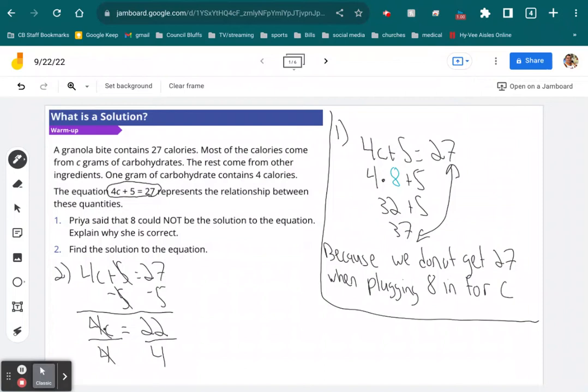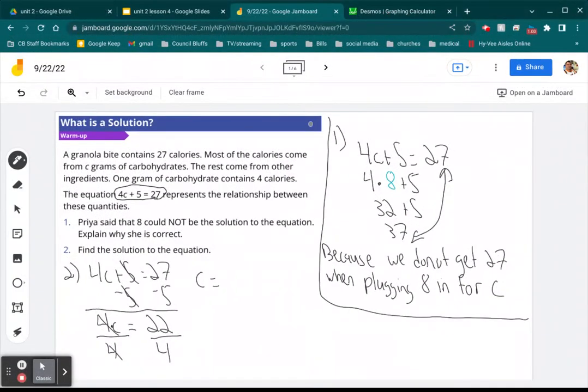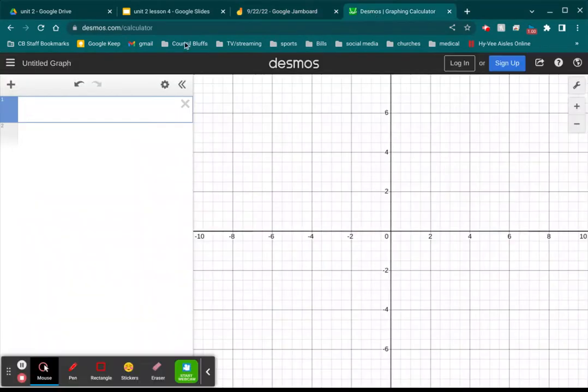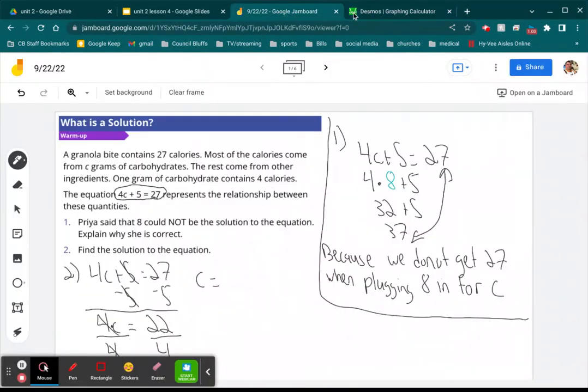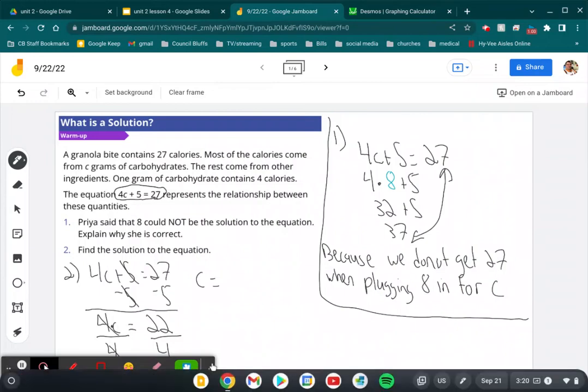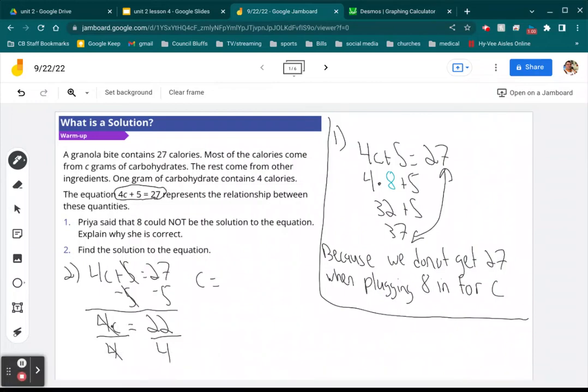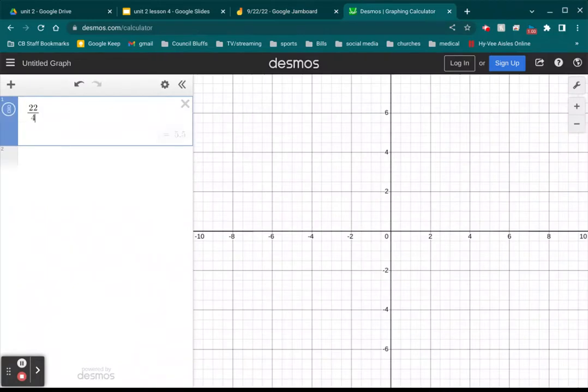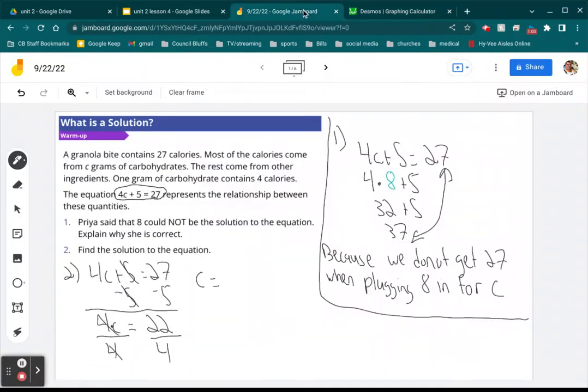So we have to do 22 divided by 4. If you can't do that in your head, then use a calculator. There's no shame in doing that. So I'll just use Desmos here. So we want to do 22 divided by 4. All right, and when we do that, we get 5.5.